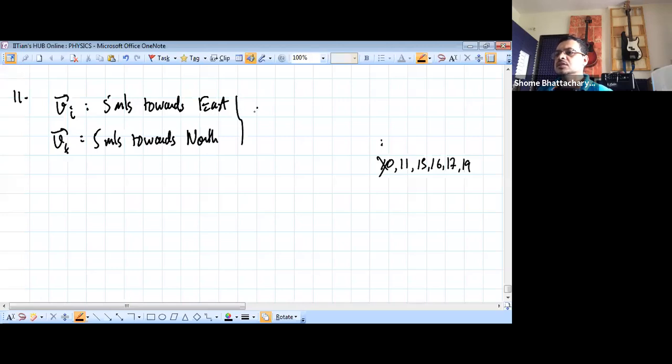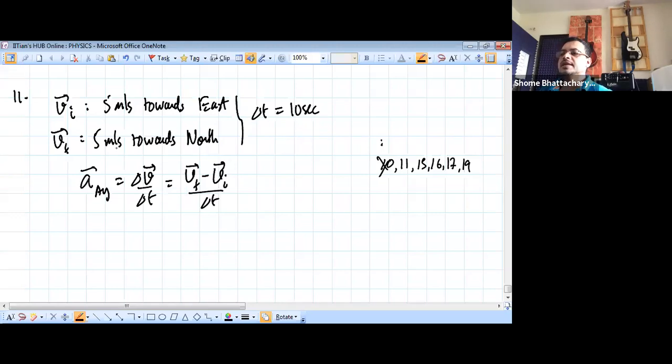And during this change, the time is 10 seconds. So we have to find the average acceleration. Okay. So average acceleration, as you know, in kinematics is average rate of change of velocity with respect to time. So that is nothing but final velocity minus initial velocity divided by the time interval. So for that we have to subtract these two.